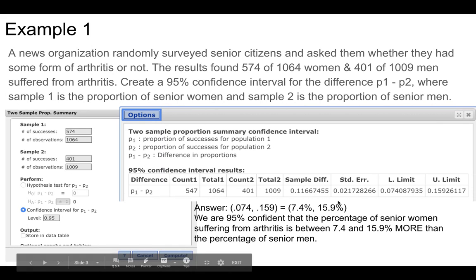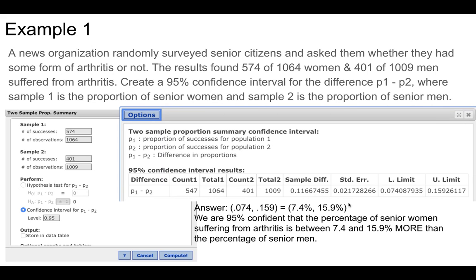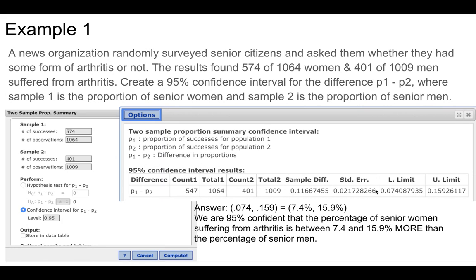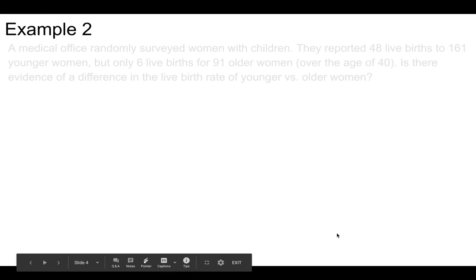Because the difference is positive, that tells me that sample one has to be larger than sample two. And remember, the problem is that sample one was women, sample two was men. So we are 95% confident that the percentage of senior women suffering from arthritis is between 7.4 and 15.9% more than the percentage of senior men. More because that difference was positive.